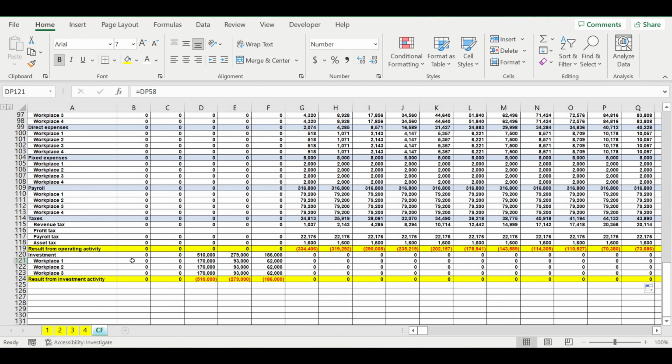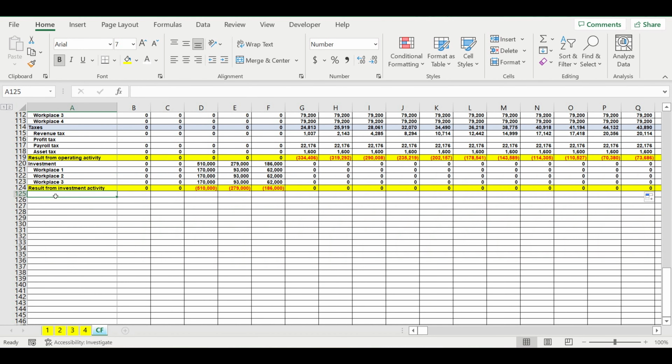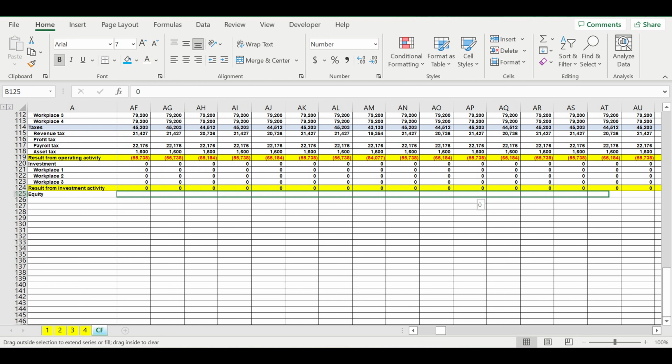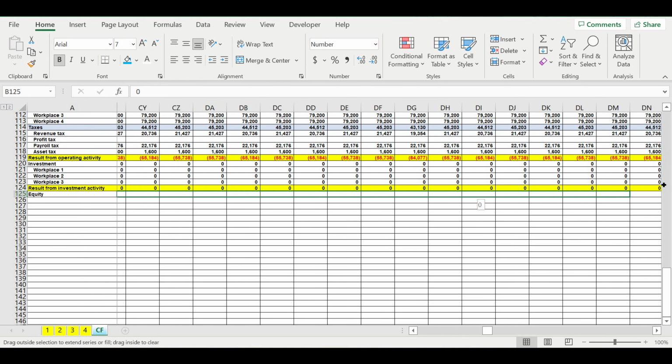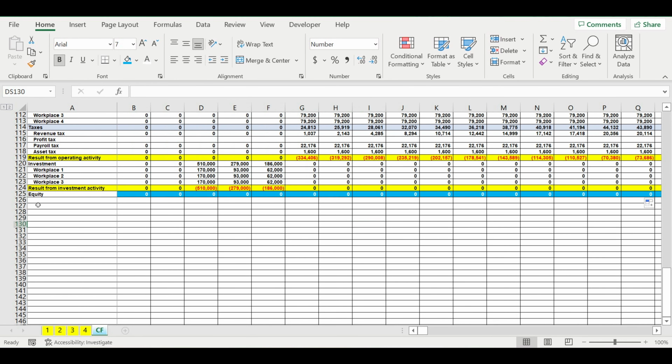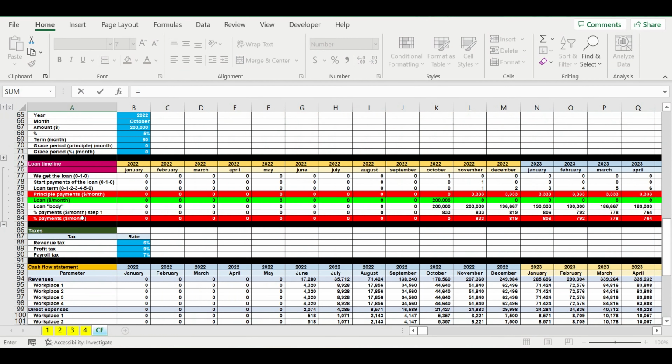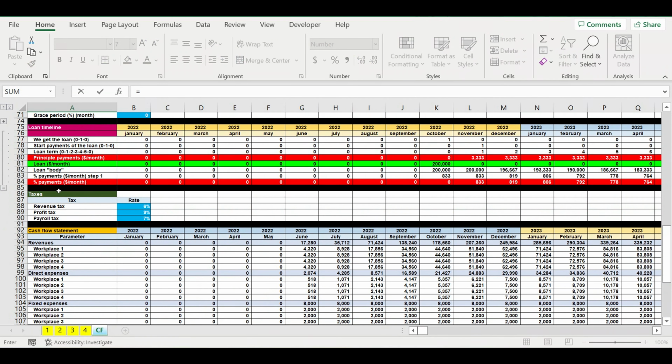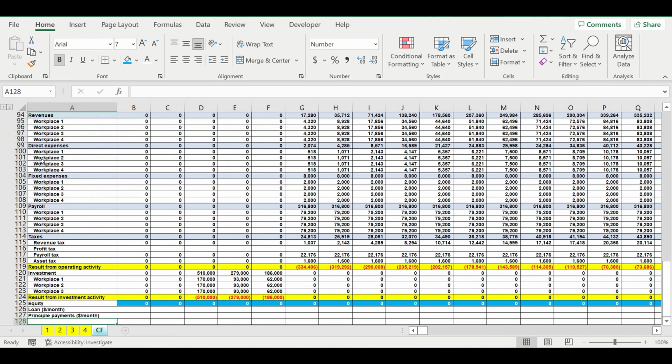Now let's move to financing activities. This will be the equity. Maybe this will be the only manual number that we fill in the model, inside the cash flow statement. Then we will add a loan, the inflow of the loan, and we will add payments for principal and payments for interest.